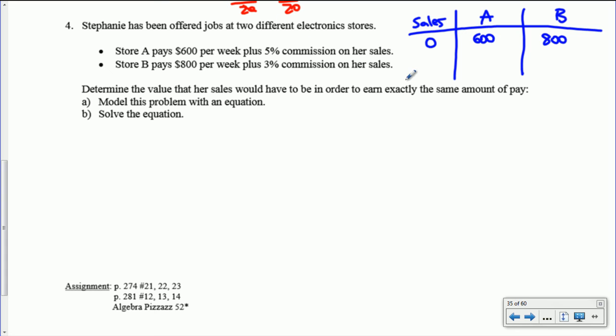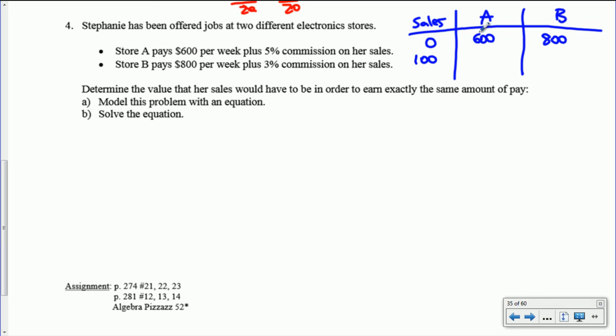All right. So suppose you sold $100 in electronics. 3% of 100 is 3. And 5% of 100 is just 5. We could bump that up to 1,000 too if you wanted. That might be a little bit more realistic in this example. But let's just say that we're only selling $100 in stuff.